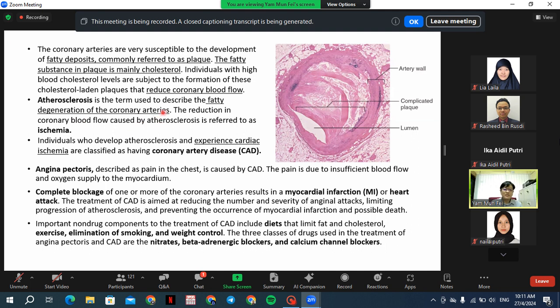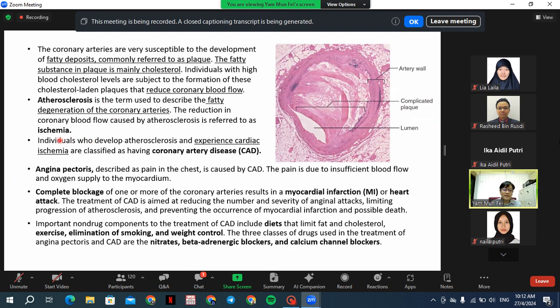With these conditions, you tend to have ischemia. What is ischemia? Ischemia means a decrease of blood flow. Supposedly your normal coronary artery can carry 90%, but because of atherosclerosis the function will decrease to 10 or 50%, depending on the conditions.